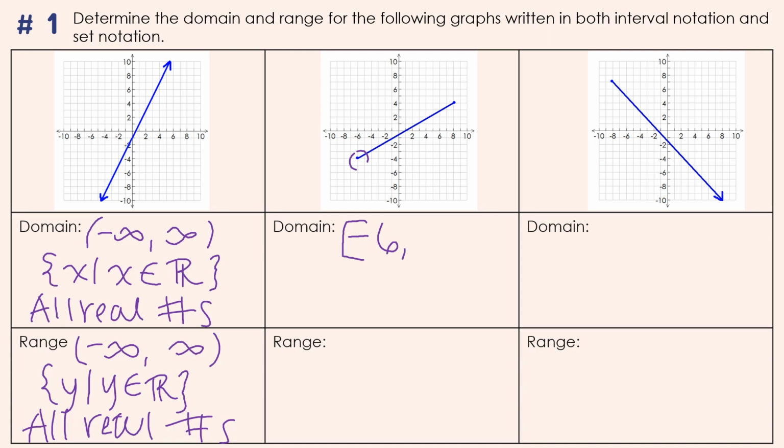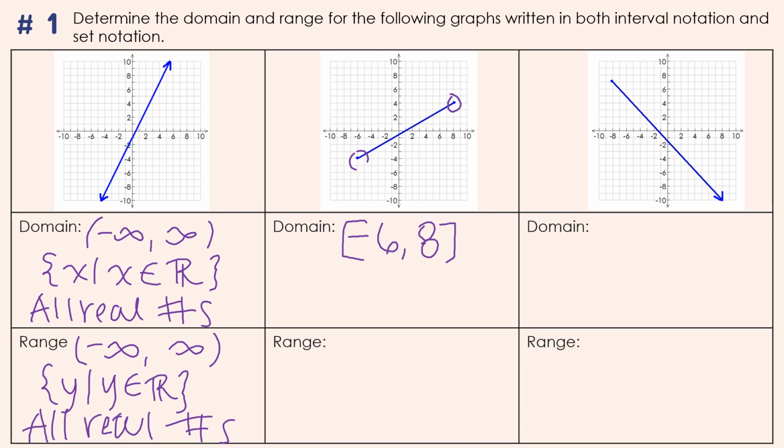Does it go right forever? No, it doesn't have an arrow. It ends where x is 8. And again, there is a physical point there. So when I write my domain like this, I'm saying the x can be anything between and equal to negative 6 and 8. Negative 6 is not x and 8 is y. Everything in domain is x.